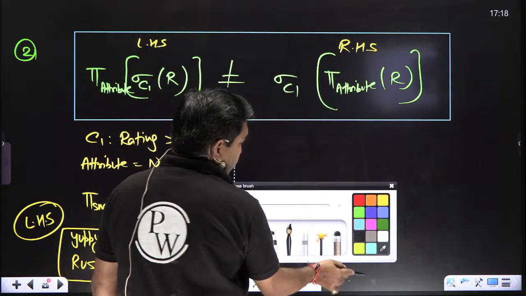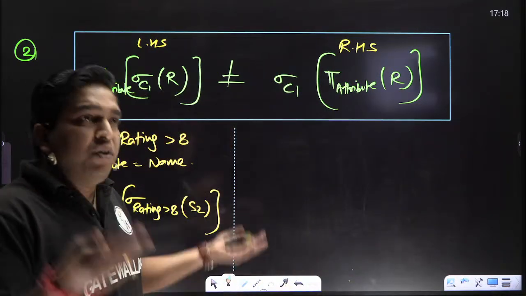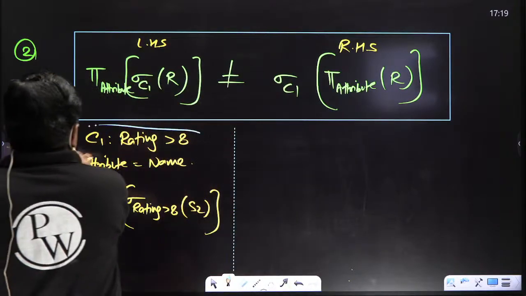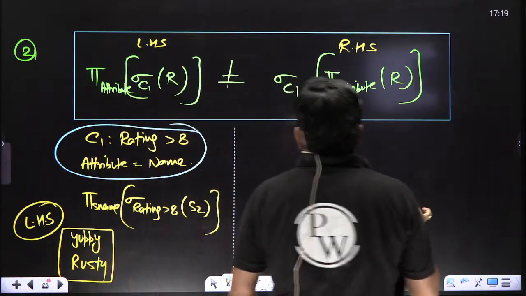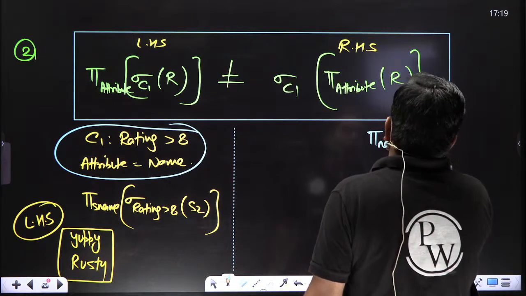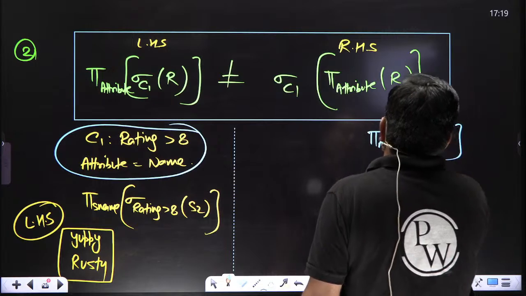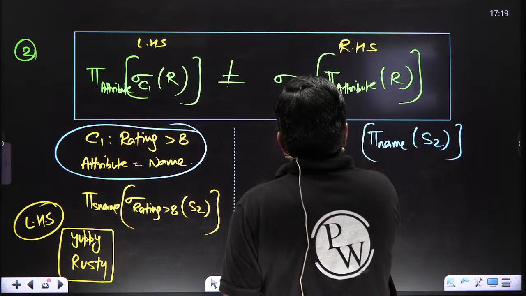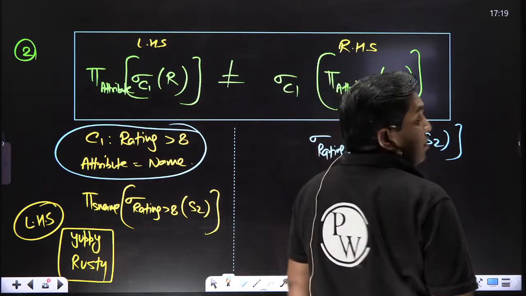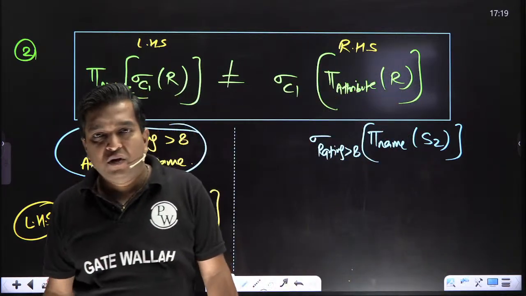Now let me know what the RHS output is. First of all, you find the name from S2, then apply the condition rating is greater than 8. What will come?